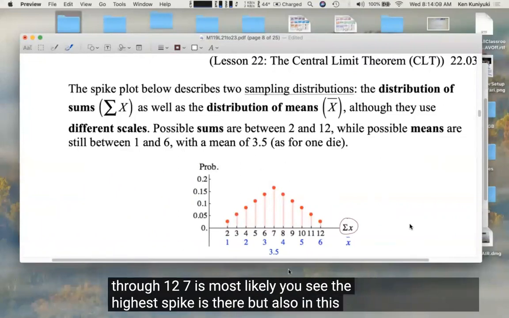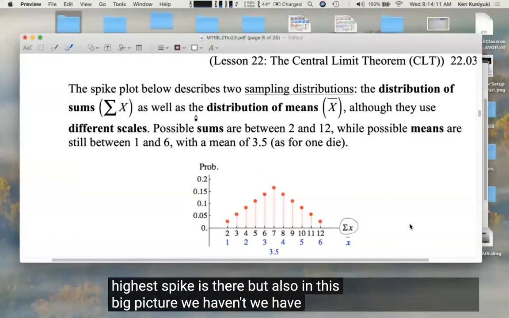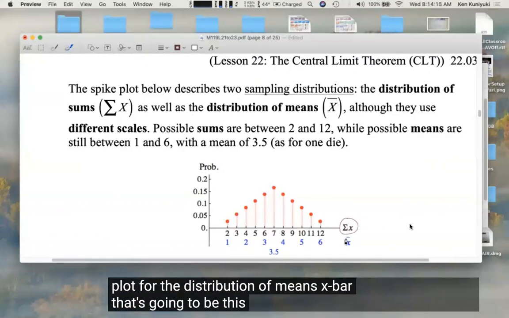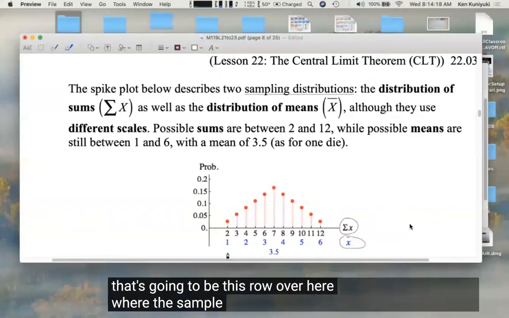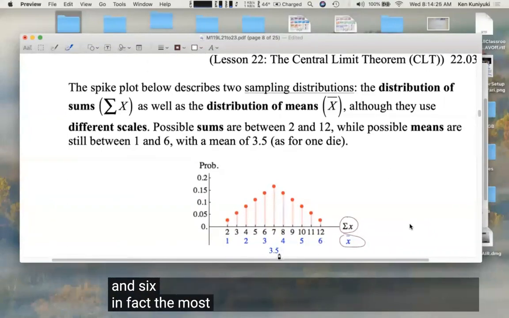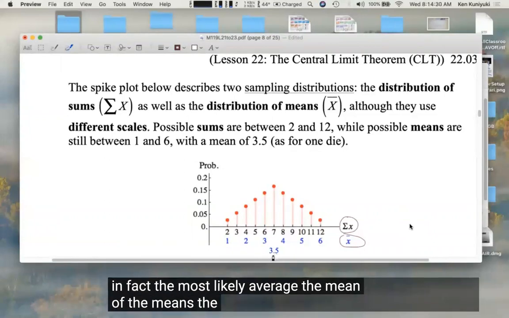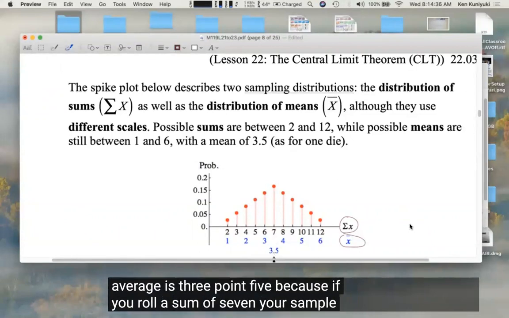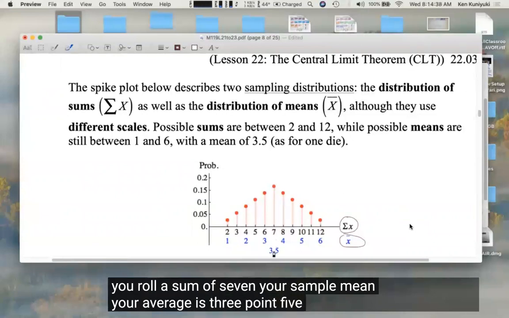But also, in this big picture, we have a spike plot for the distribution of means, x bar. That's going to be this row over here, where the sample averages can be between 1 and 6. In fact, the most likely average, the mean of the means, is 3.5. Because if you roll a sum of 7, your sample mean, your average, is 3.5.